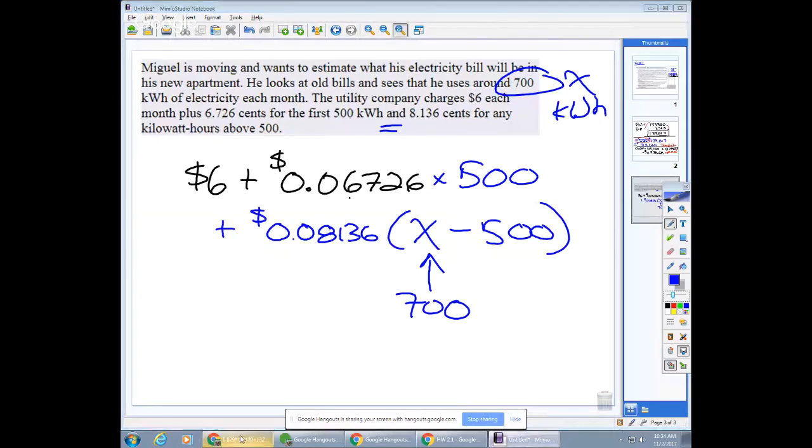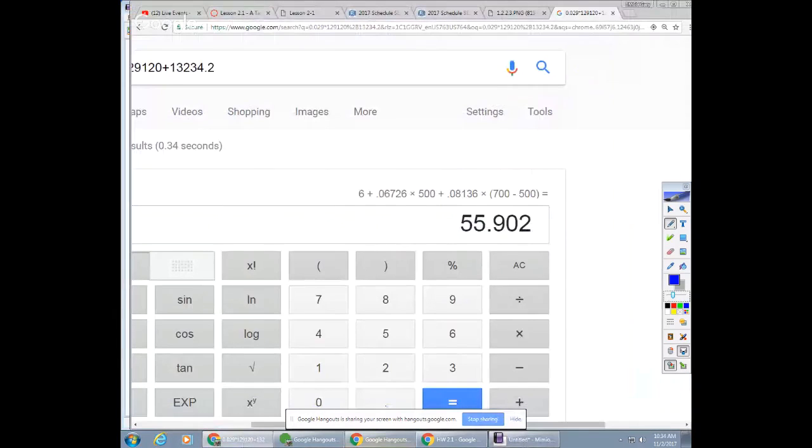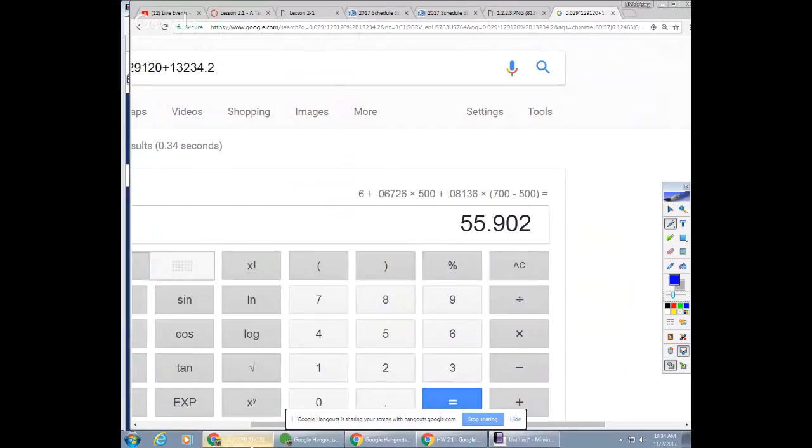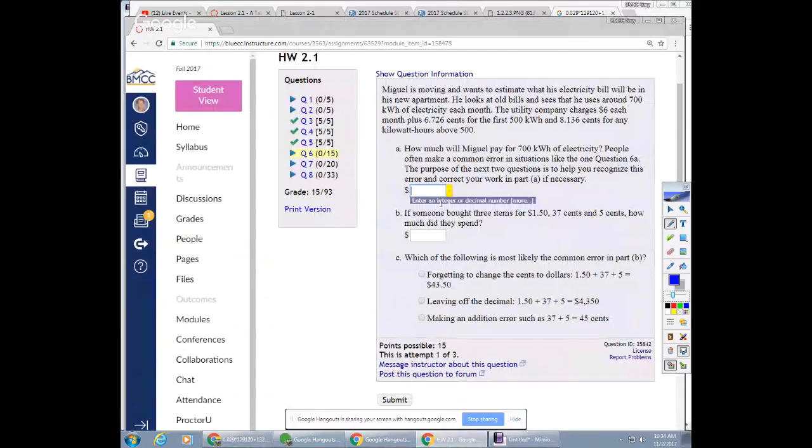So we had a few questions to answer here. Let's see, what were they? Where is that sheet? There you are. Okay, what was it again? No, I forgot. 55.90. So this should be 55.9. All right, so here they're trying to say, hey, you might make a mistake here. We're going to try and fix it down here.